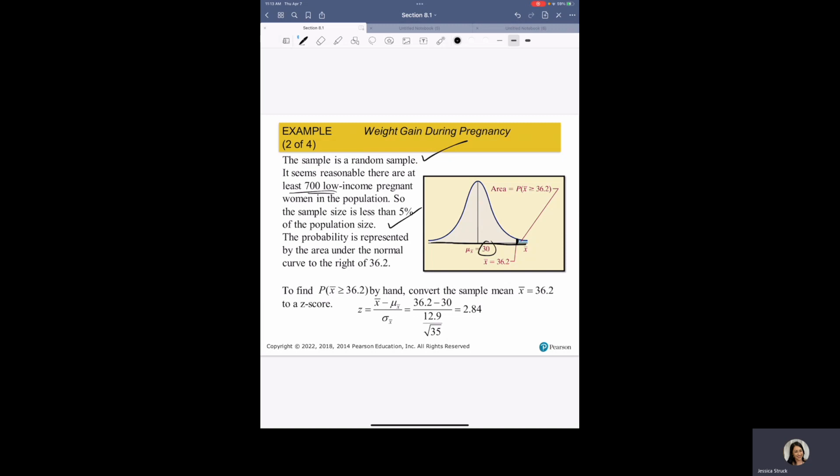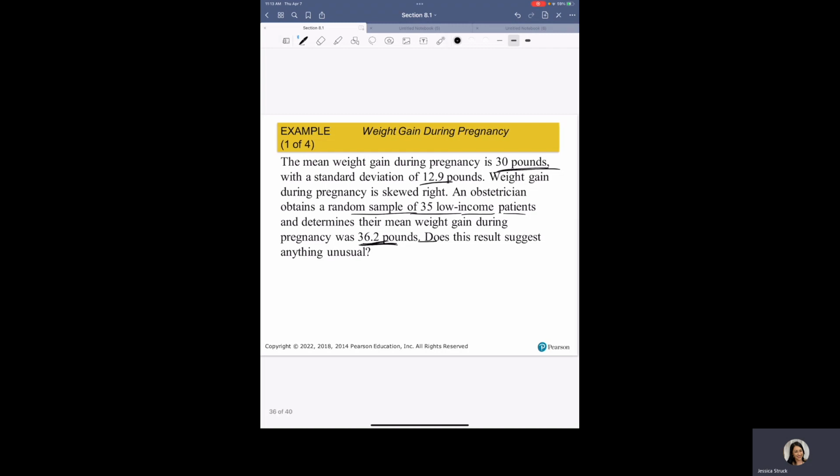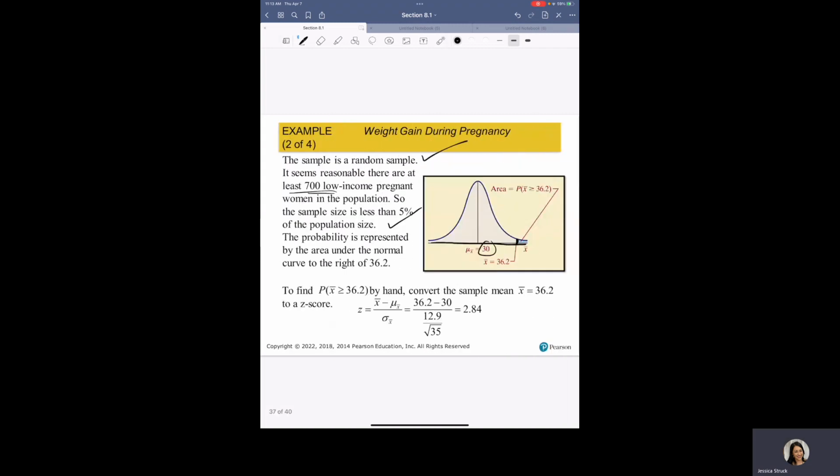So we're looking at whether being 36.2 pounds is unusual. In order to find being 36.2 pounds or greater, we're interested in this little shaded area here, which would be to the right.